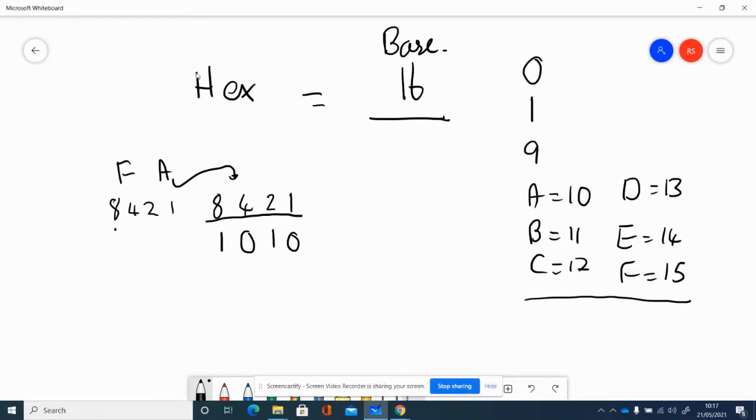So to represent that, I need an 8 and a 4 and a 2 and a 1. So my whole number is 1 1 1 1 1 0 1 0, and that's just representing a number in binary when you've been given it in hexadecimal. So we're just converting from hexadecimal into binary.